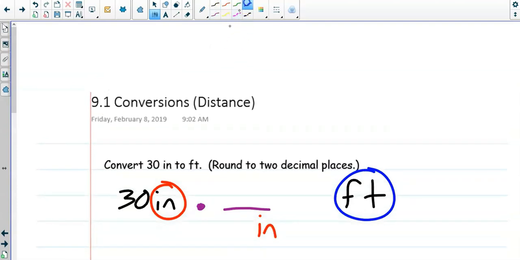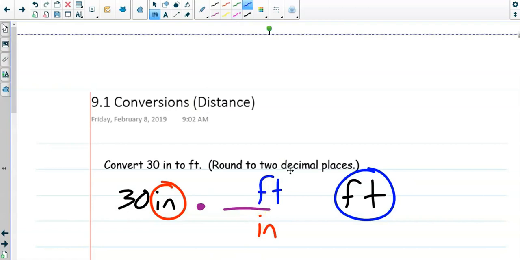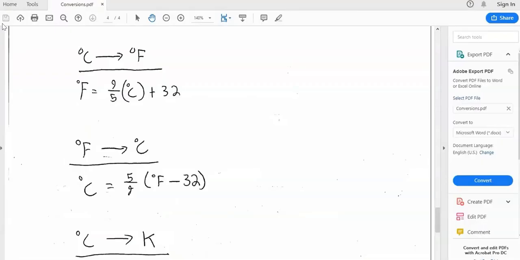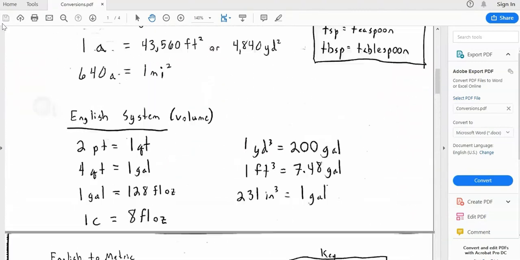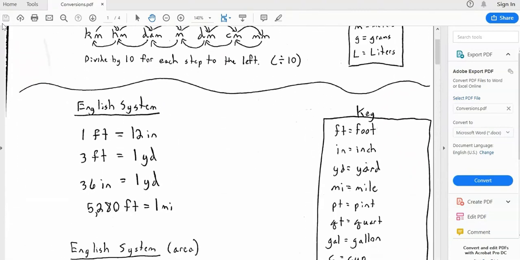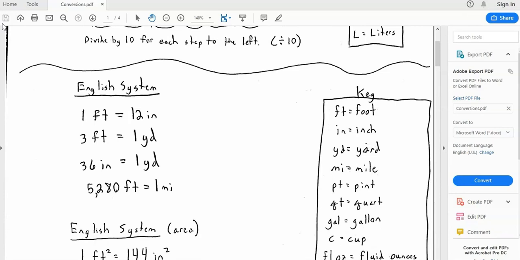The unit we want goes in the numerator. That's how the unit fraction should be set up. Now all you have to do is go back to your notes and find some relationship between inches and feet. If we go back to our first page, you see a relationship between inches and feet: 1 foot is 12 inches.